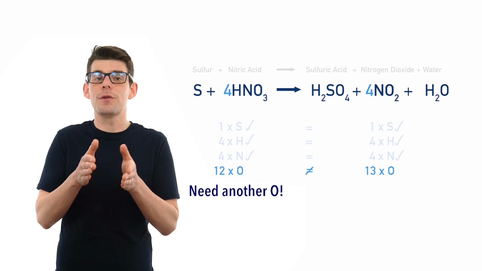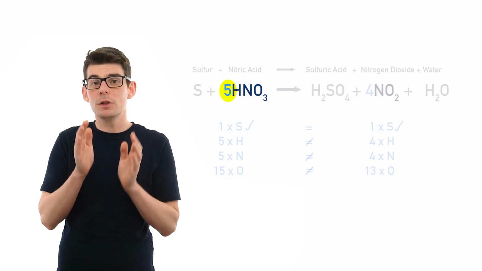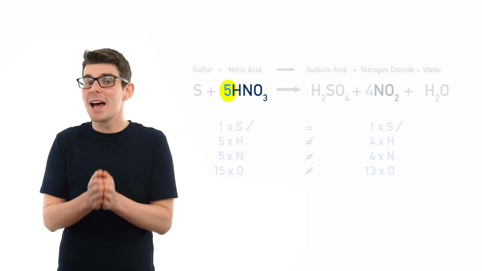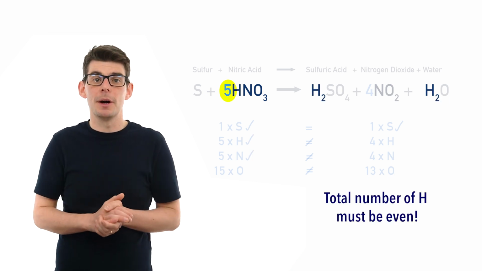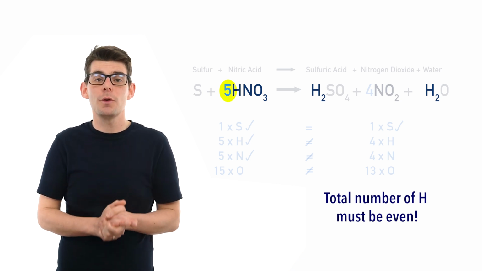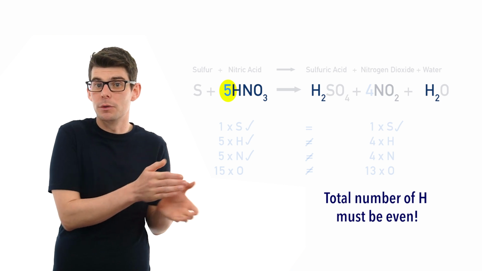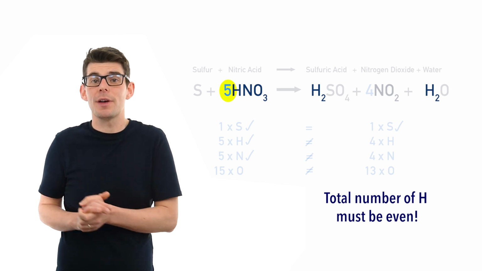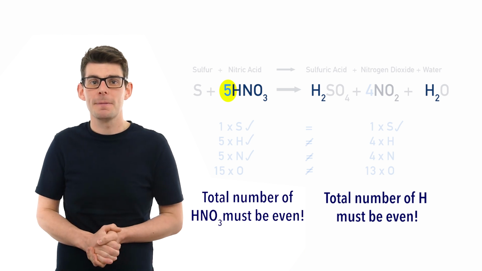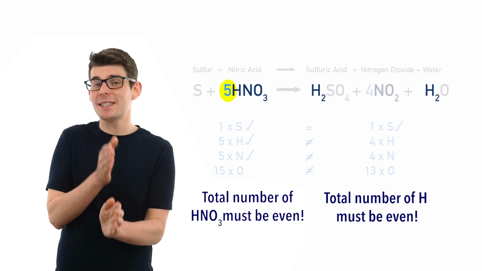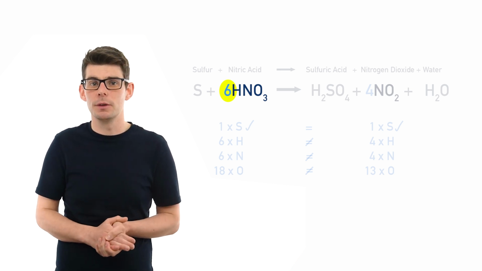This would take us to 5 HNO3, which, without going any further, we can know won't be correct, as the number of hydrogens on the right in total must be an even number, as there are 2 in H2SO4 and 2 in H2O, always giving an even number overall. And an odd number of HNO3 would have to mean an odd number of hydrogens on the right-hand side. So we need to go to 6 HNO3 before we can even think about trying to rebalance the equation.